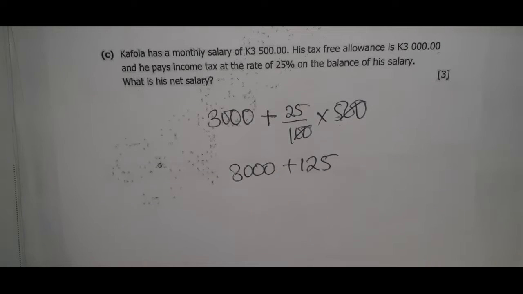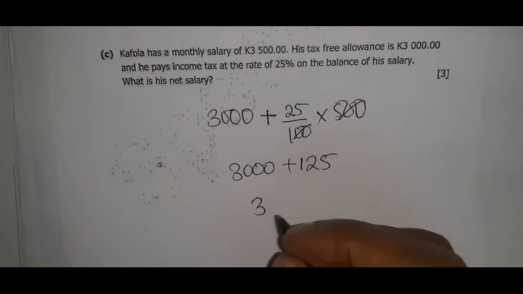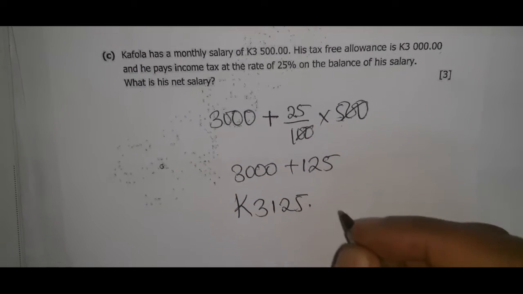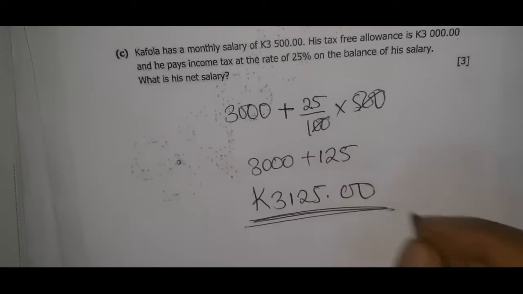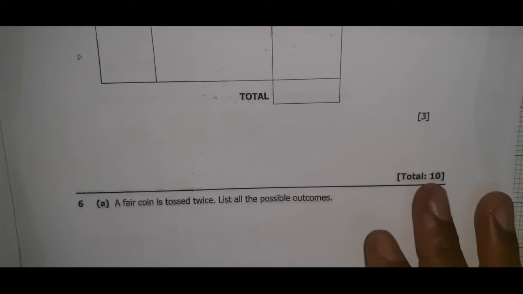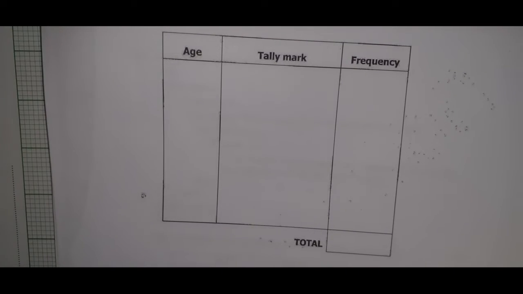Can you confirm? 5 multiplied by 25. What are we getting? Let's confirm. Then when we add these together, what are we going to get? 3,125 Kwacha. This is what I'm getting. Please, let's compare our answers. We can all make mistakes here.